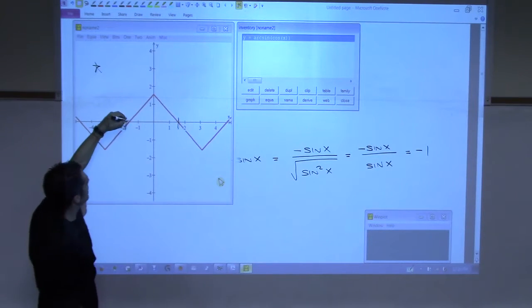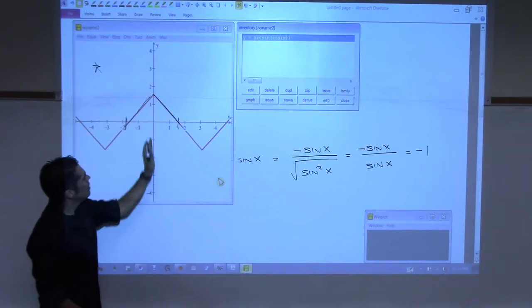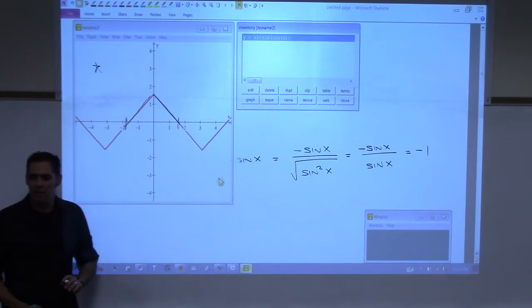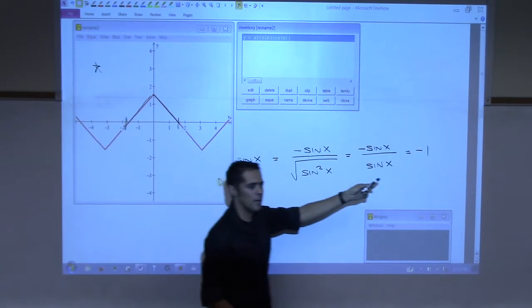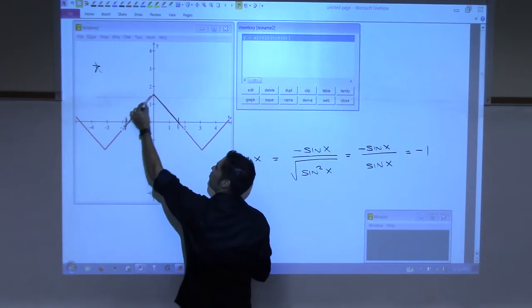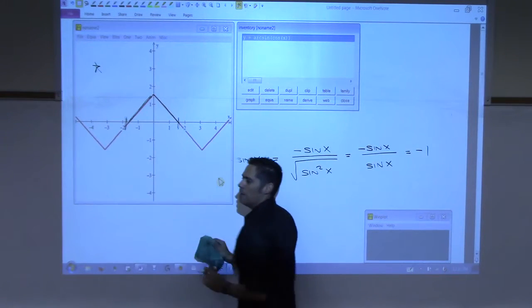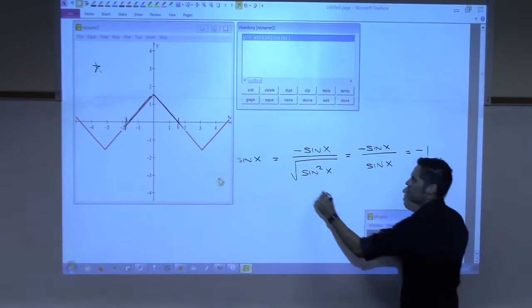So we're only looking at this part of the function. On this side, it does look like a line, and the slope of that is negative 1. But on the left side, it looks like the slope is positive 1.